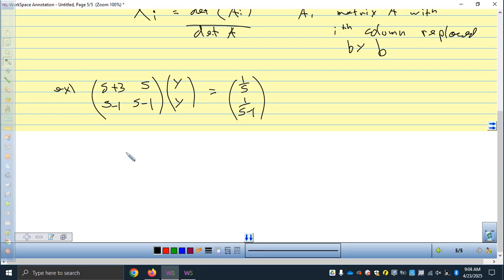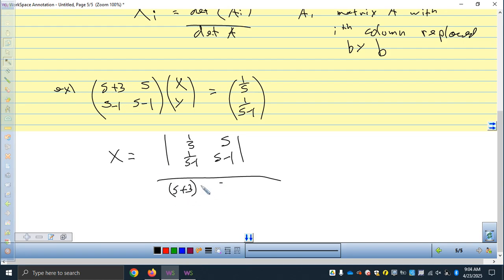So what this tells us is that x equals the determinant of this matrix, but we're replacing the first column by this matrix, 1 over s, 1 over s minus 1, s minus 1, over the determinant of this matrix, s plus 3, s, s minus 1, s minus 1.